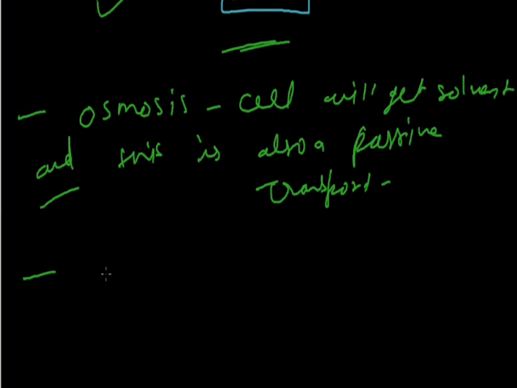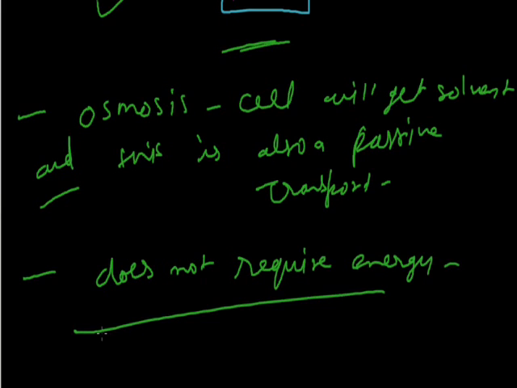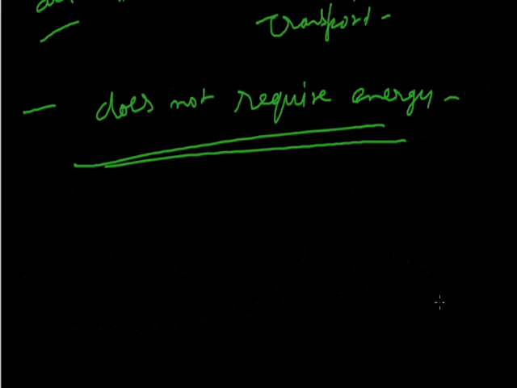Again, a similar phenomenon: it doesn't require energy. Today we will discuss the topic of osmosis and diffusion, and by these processes the cell will get the particles as well as the solvent.